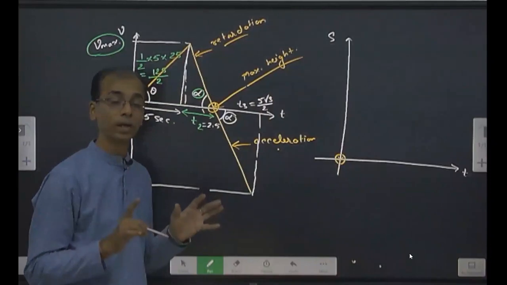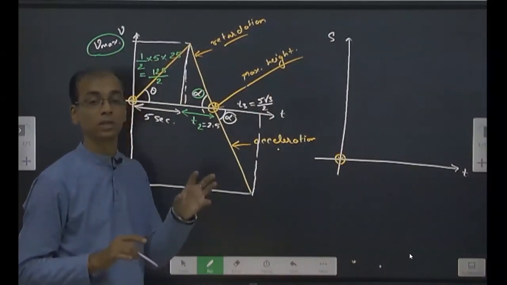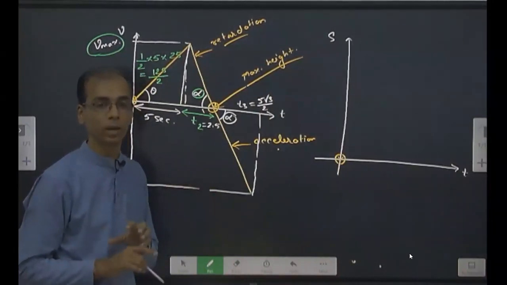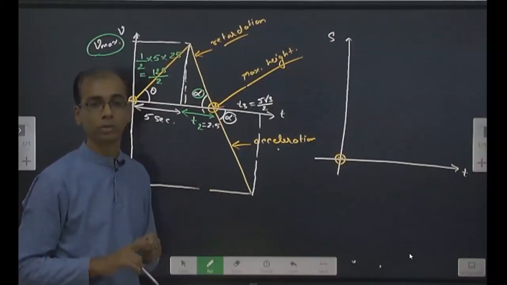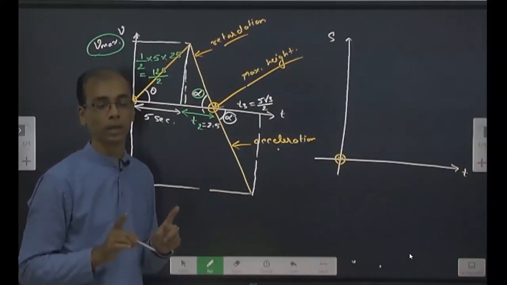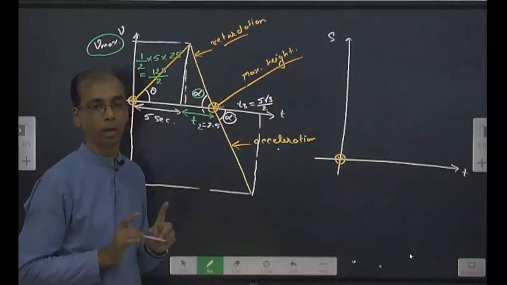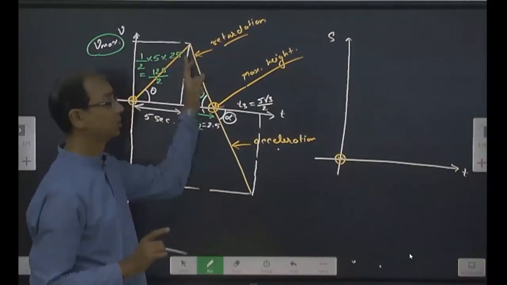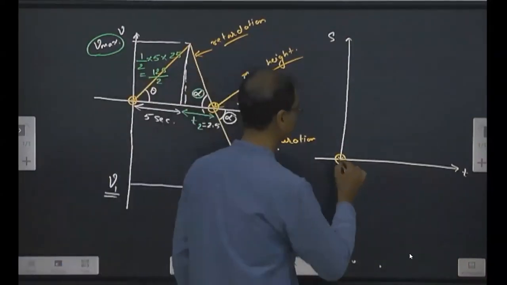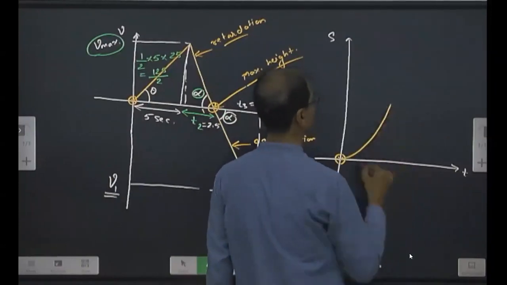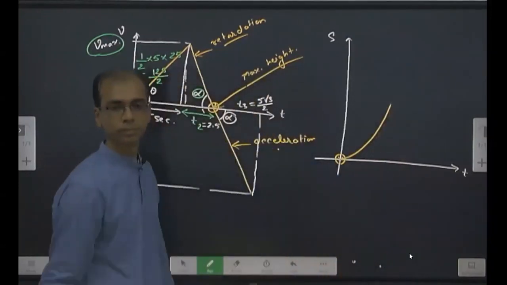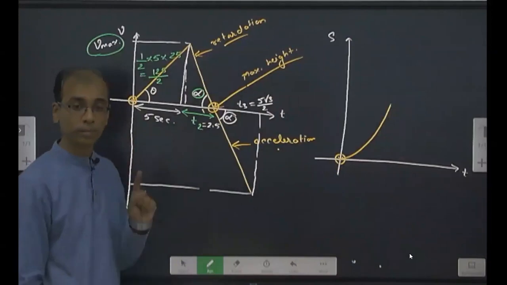If we go back to the equation of kinematics, S equals ut plus half a t square. A quadratic equation is there, so it is a parabola. Remember that. So I'm going to make a parabola for positive acceleration, for the first part.